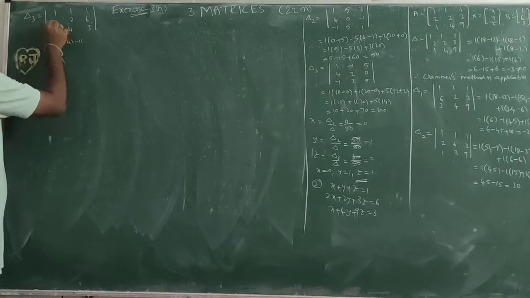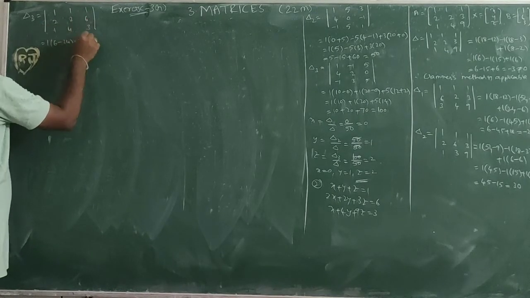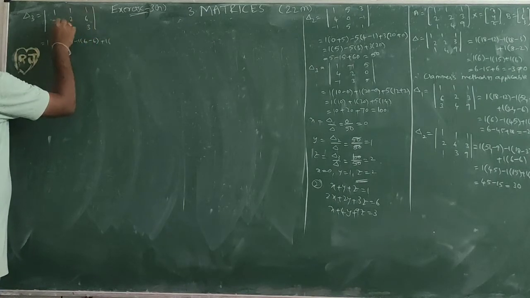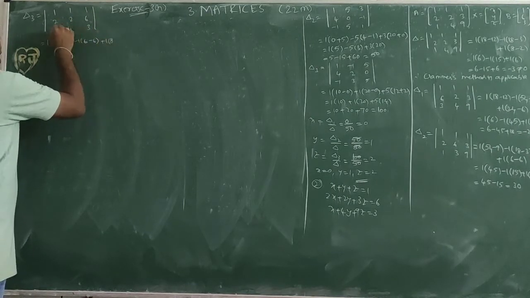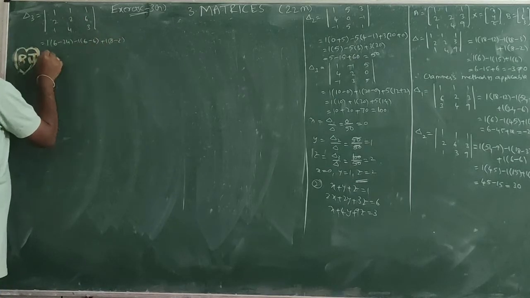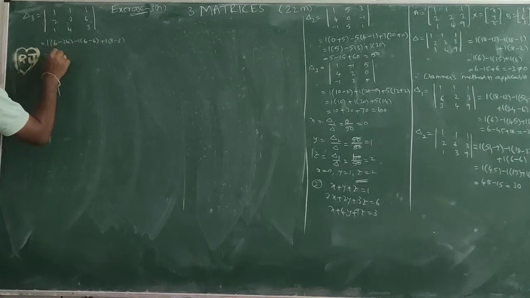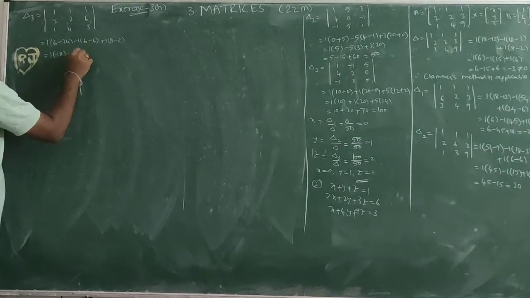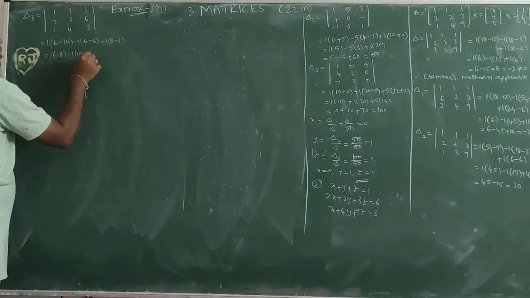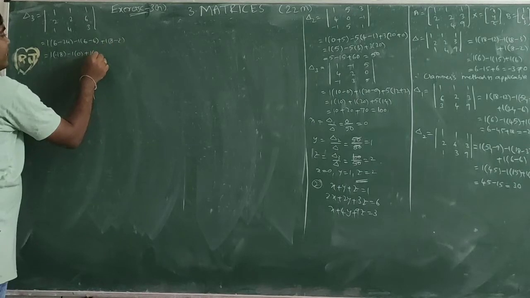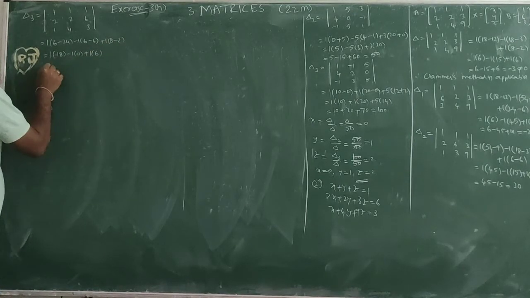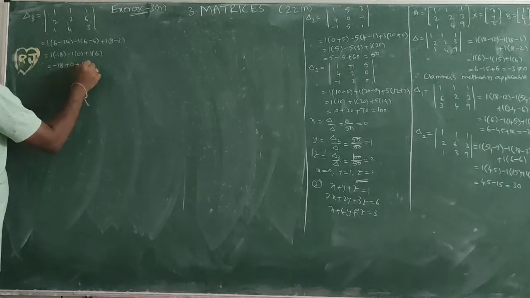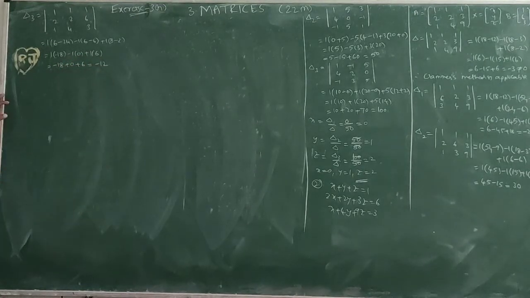Minus 1 half, 2 into 3, 6, 1 into 6, 6, 6 minus 6, 0. Plus 1 half, 2 into 4, 8, 1 into 2, 2, 8 minus 2, 6. So minus 18 plus 0 plus 6 equal to minus 12. So we got minus 12.